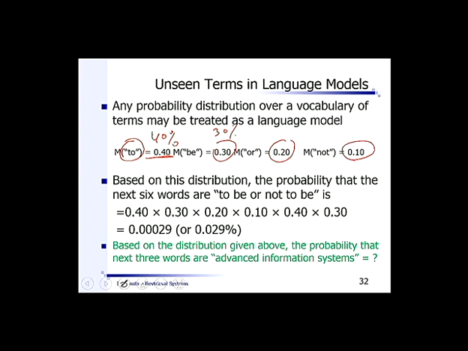Remember, you can make any language model that you like, you are free to make any one, but the sum of all these probabilities must be exactly 1. Like if I add 0.4 plus 0.3 plus 0.2 plus 0.1, I get exactly 1.